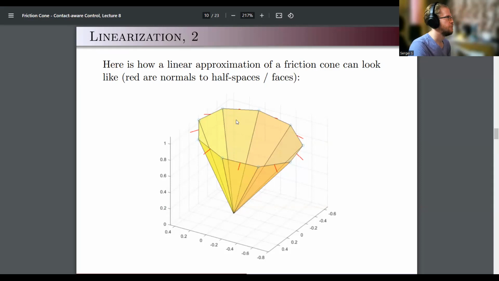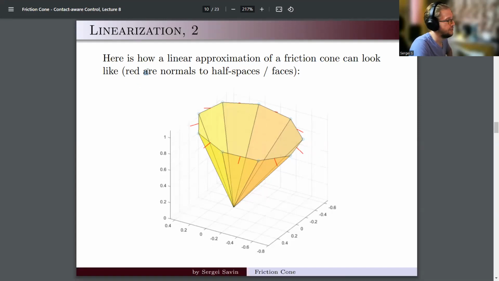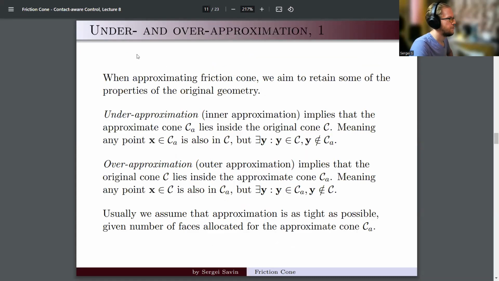They'll become bigger. If we have fewer faces, the angles will be sharper, and the approximation will be more different from the original cone. But more faces means more complexity. And we have to wonder if we need more faces. The question is, do we need to?